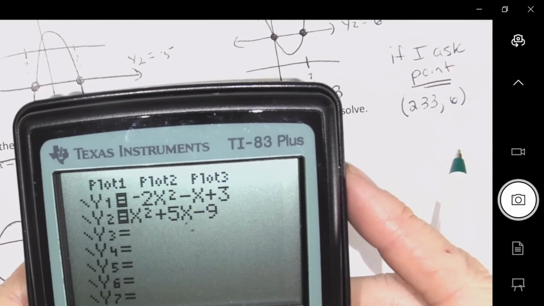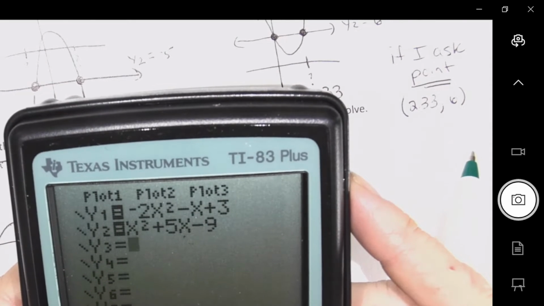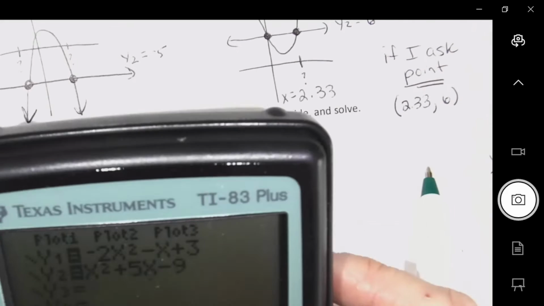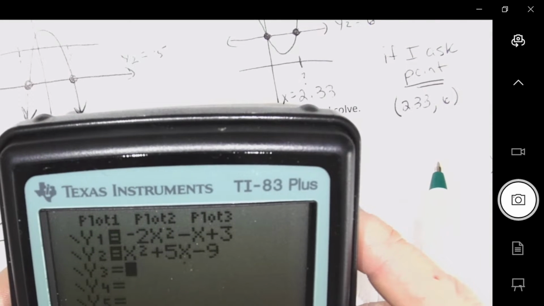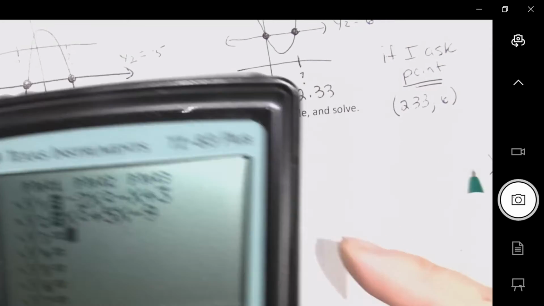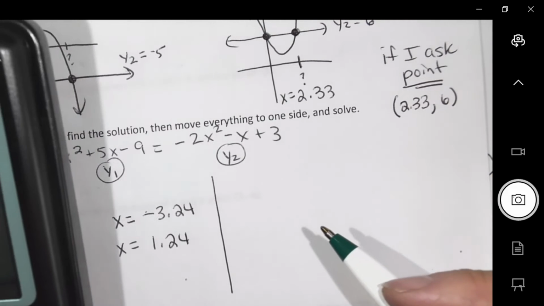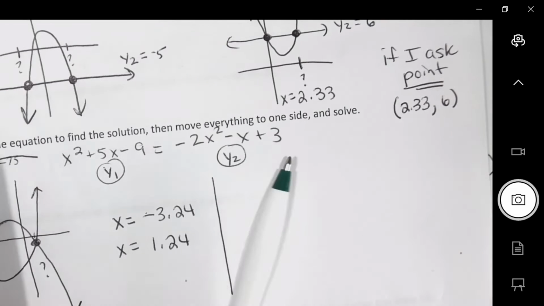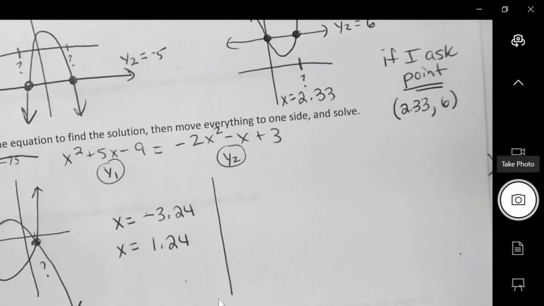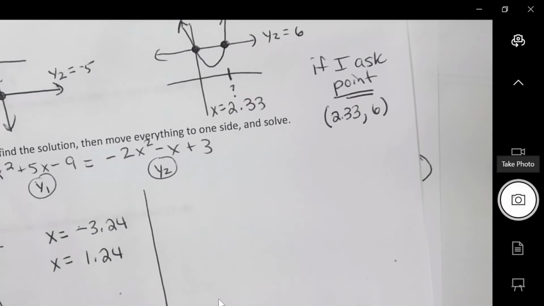Do you have negative 2x squared minus x plus 3? Does the order matter? No. Okay. X squared plus 5x subtract 9. Yeah, that's right. What's going on? Did you accidentally do like a book? Oh, I see. Okay, now here's what it says.